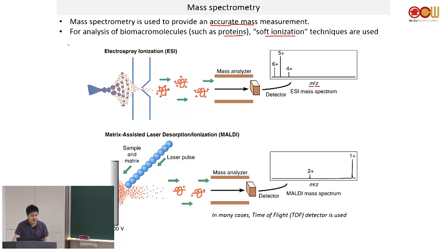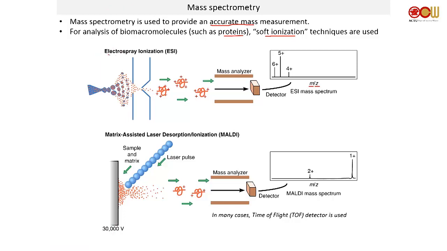So we have two very common soft ionization methods. There are actually more, but I'm just going to introduce two. One of them is electrospray ionization, where essentially you throw charged particles, like charged helium, onto your molecule, and then your molecule becomes charged. You let it pass through your mass analyzer, and depending on when it hits the detector, you get a particular mass-to-charge ratio.